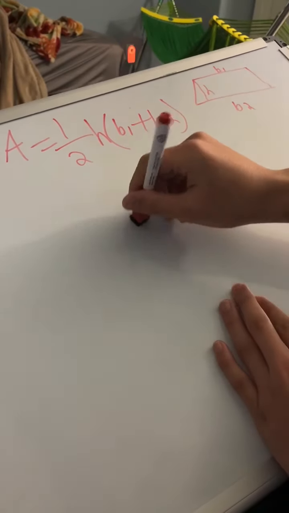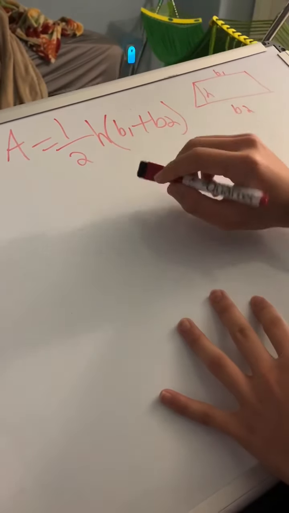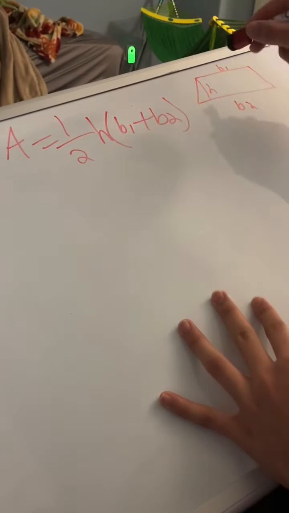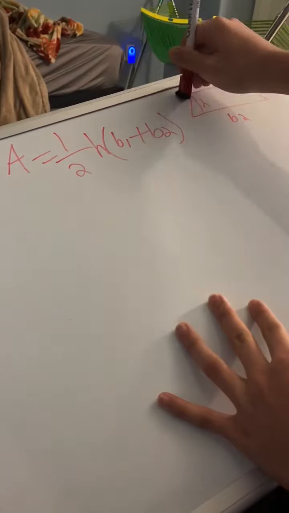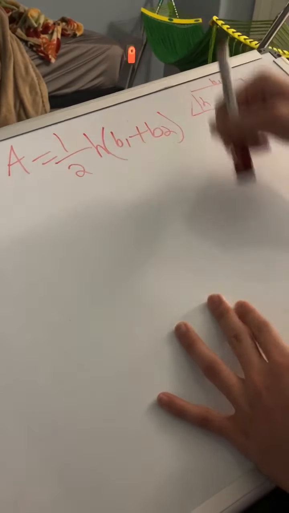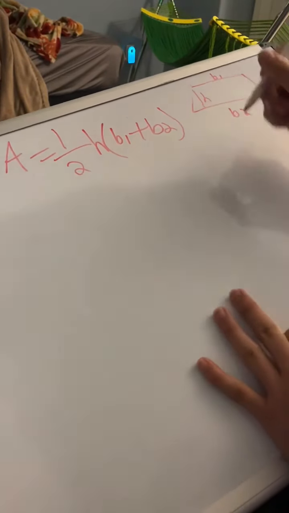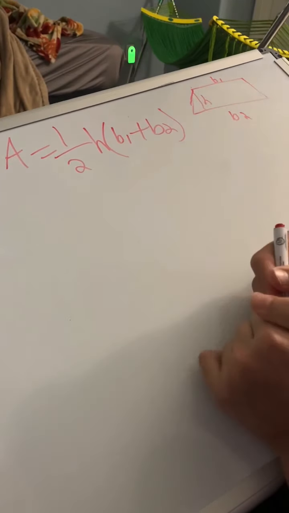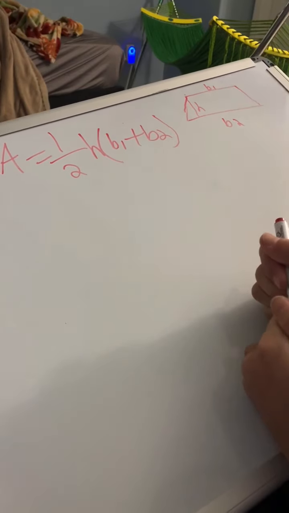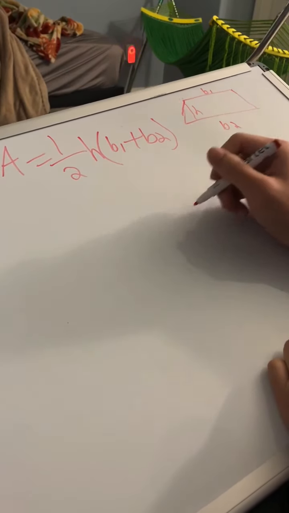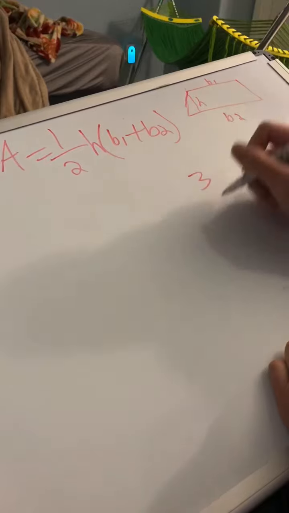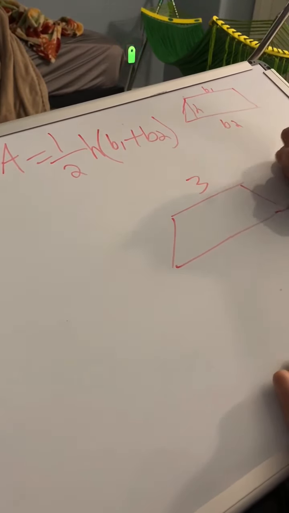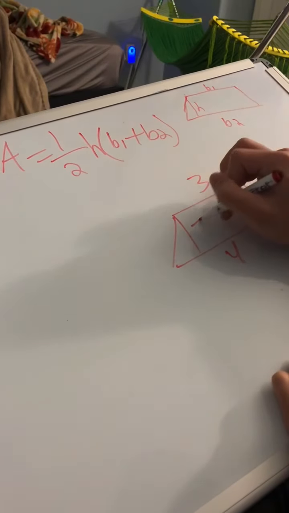Okay, so you need to know that because the formula is 1/2 height times base 1 plus base 2. The height is not the angle right here, not the slope right here, but indeed the vertical distance from one base to the top base. So we're gonna do a practice problem. Just a little refresher. Base 1 could be like 3, this could be 4, and the height could be 5.